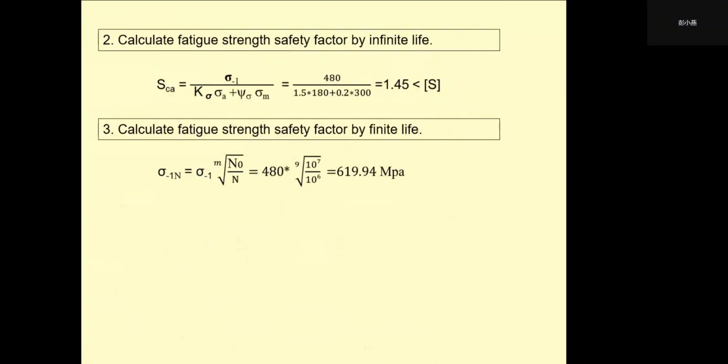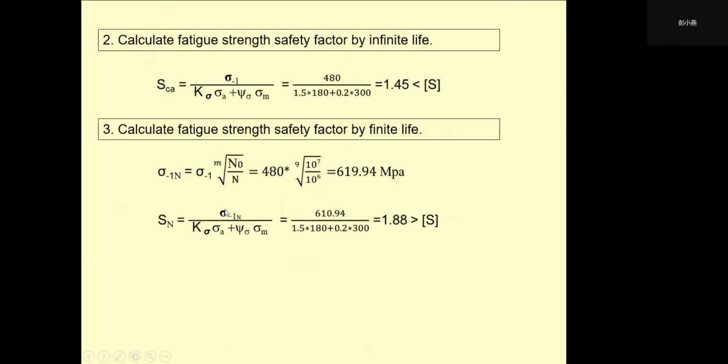We load sigma minus 1, and load m is 9, N0 and N, and then we can calculate sigma minus 1 N, and then we use this to calculate the safety factor.